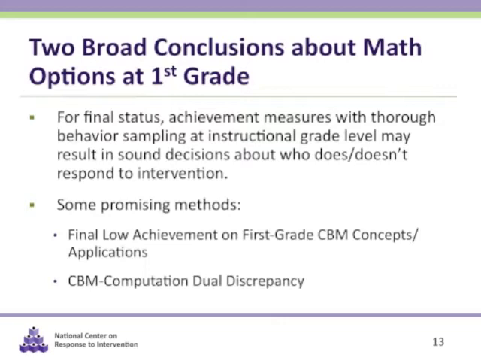Then we have to apply a method to those measures for designating response. And based on this study, final low achievement on first grade curriculum-based measurement concepts and applications produced sound, valid decisions for distinguishing students who did and did not respond to the first grade tutoring, as did a dual discrepancy, that is slope plus final status, on CBM computation.